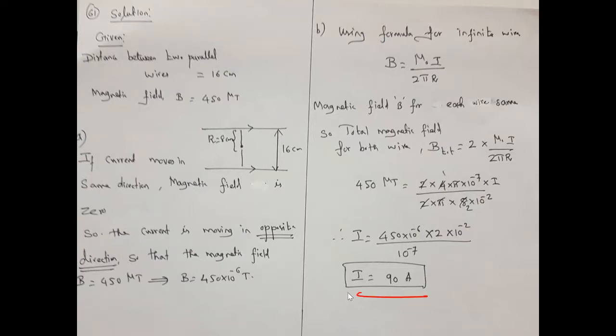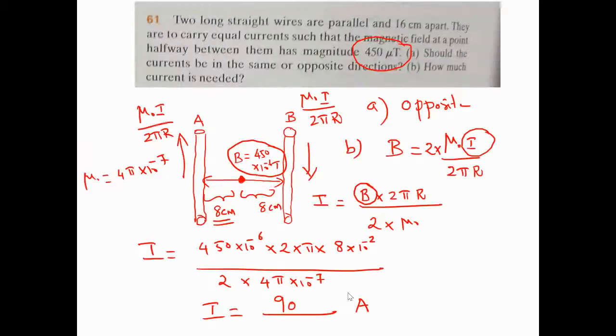Clear? Doctor, why did you choose 8? Because, my dear, what's the distance between the two wires? 16. What is the half of the distance? 8. You can see the word here: halfway.